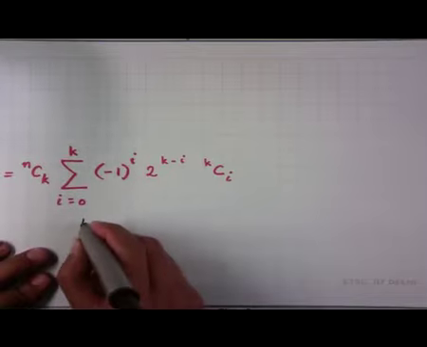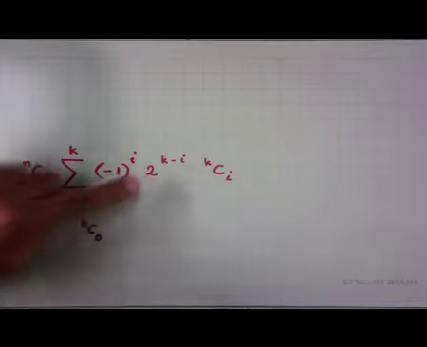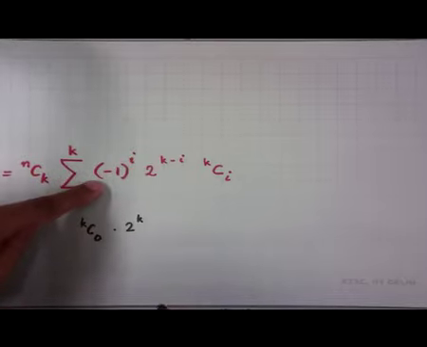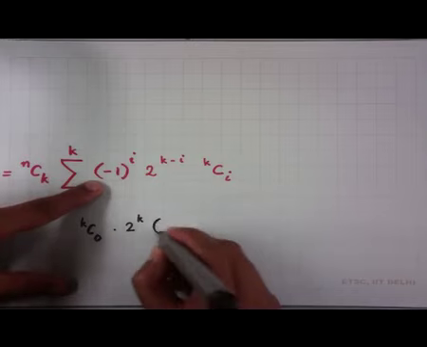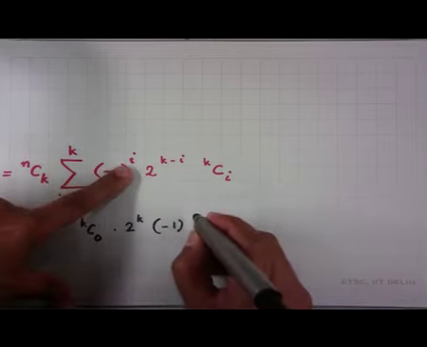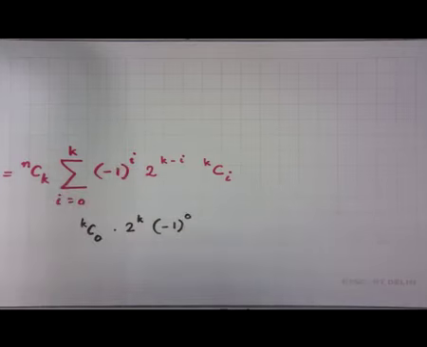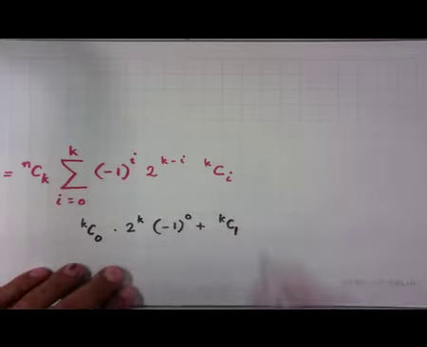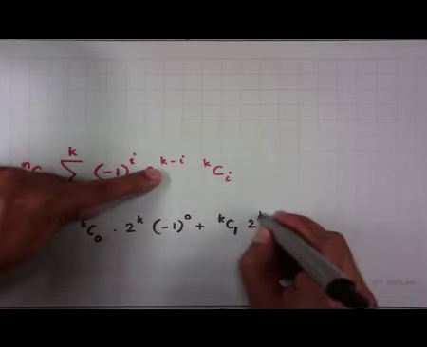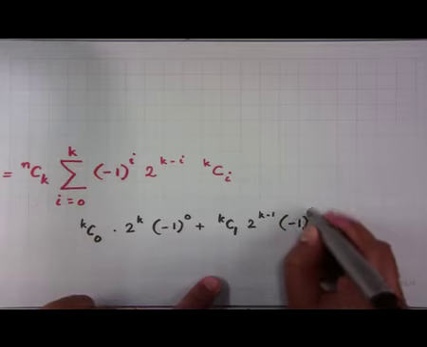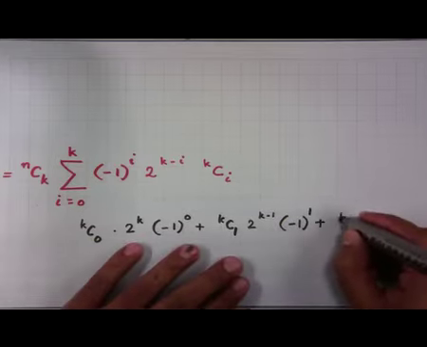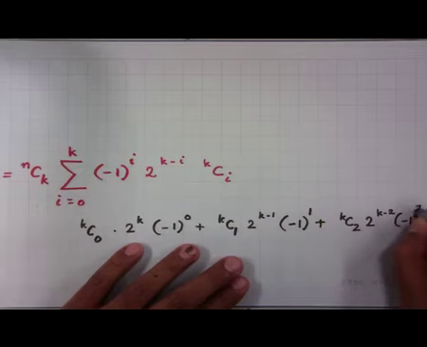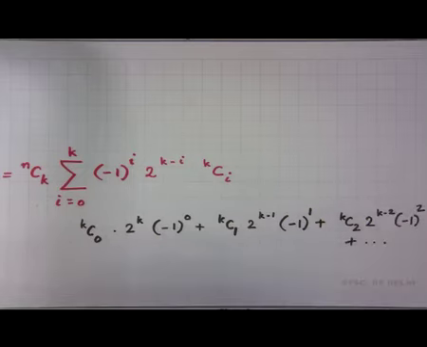So, I have got k c 0, 2 power k times minus 1 to the power 0, plus k choose 1, 2 power k minus 1 times minus 1 to the power 1, plus k c 2, 2 power k minus 2 times minus 1 whole power 2, plus dot dot dot all the way till k, right.